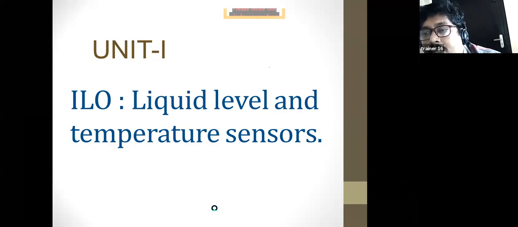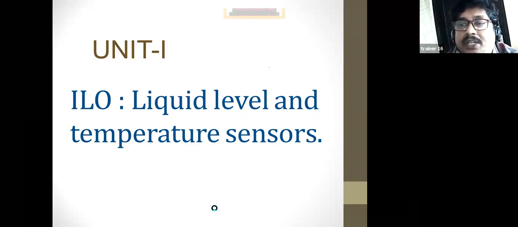Then automatically the bob rises or falls, and it is connected to a pointer. This pointer slides on a resistance element, which is called a potentiometer. So there will be a change in the resistance. This change in resistance in turn gives a voltage, which on calibration gives the level of liquid in the tank.